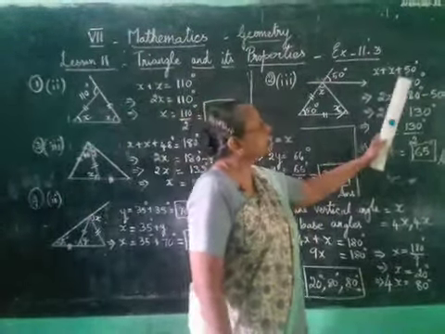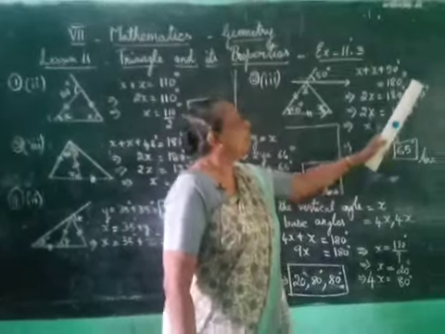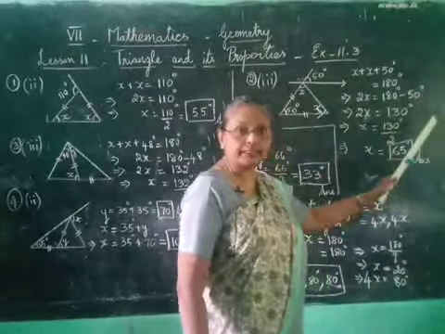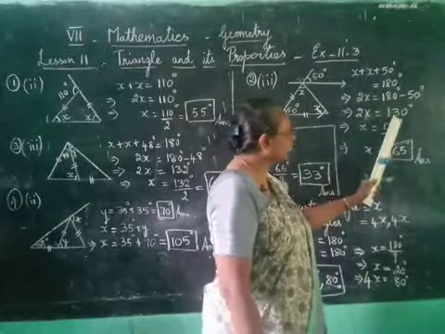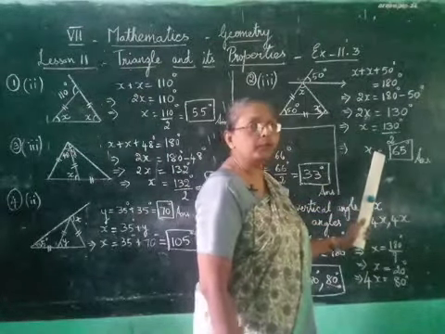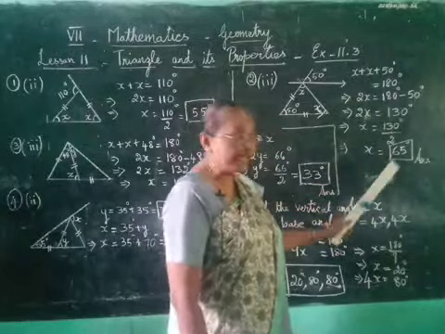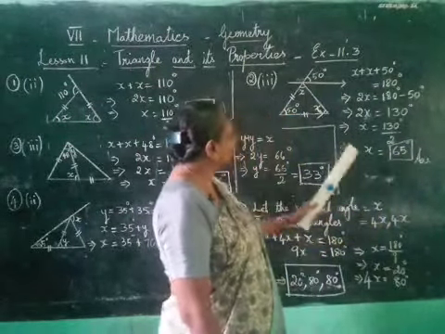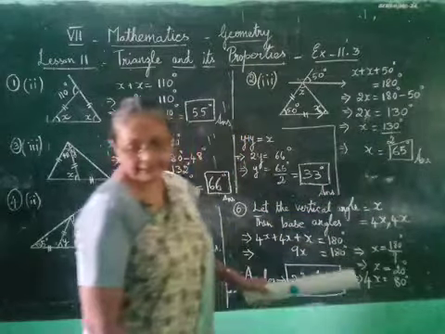So, x plus x plus 50 degrees is equal to 180 degrees. Therefore, 2x will be equal to 180 degrees minus 50 degrees. Therefore, 2x will be equal to 130 degrees, which implies x is equal to 130 degrees by 2, which is equal to 65 degrees. So, the value of x is 65 degrees here.